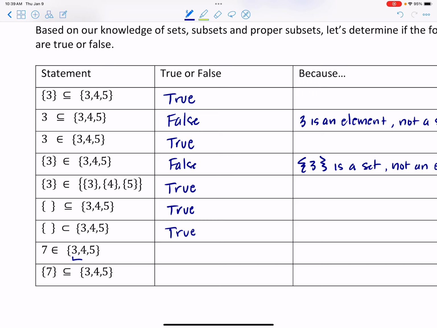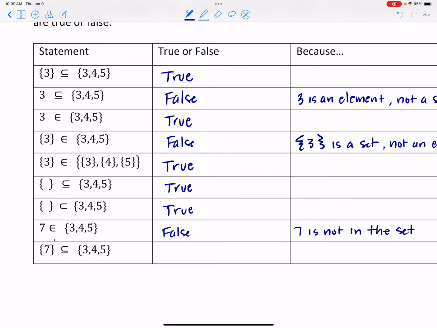Obviously not. There isn't a 7 in this list of elements, so this is going to be false. 7 is not in the set. And obviously the set 7 is not going to be a subset of this if that's not included there. So that seems kind of silly.